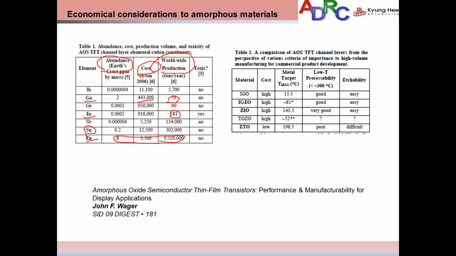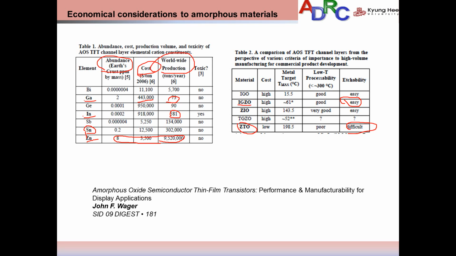Also, the main issue is for high volume manufacturing. People have been studying IGZO because it's very easy to produce metal targets, and it's also very easy to etch. So a process involving this material is very easy and convenient to use, whereas zinc tin oxide is very difficult to etch.